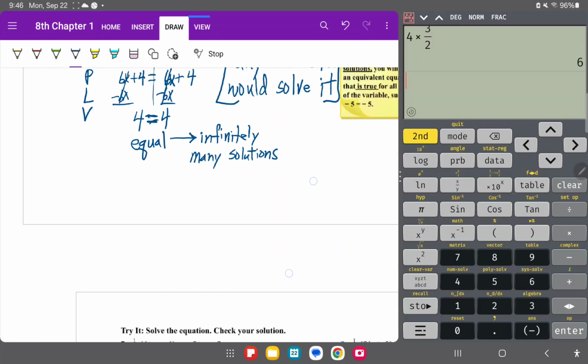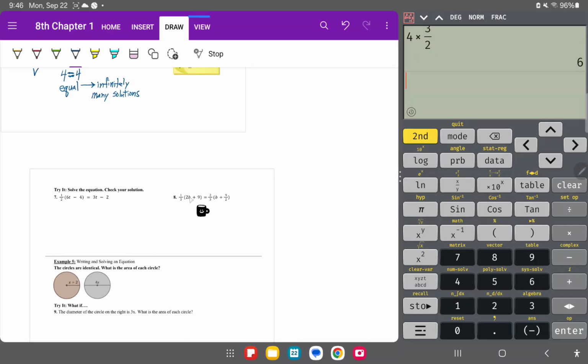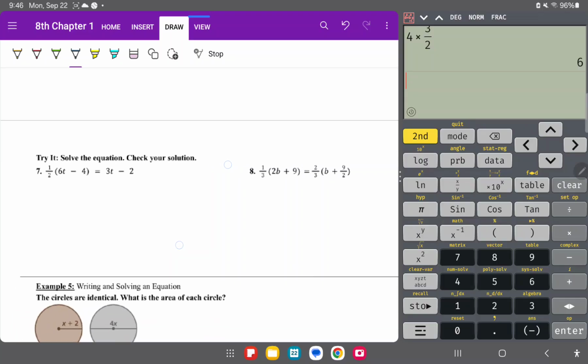Okay, so I want you to look at doing these two problems right here, number 7 and number 8. Okay, and so we're going to practice using the calculator when we do that, okay?